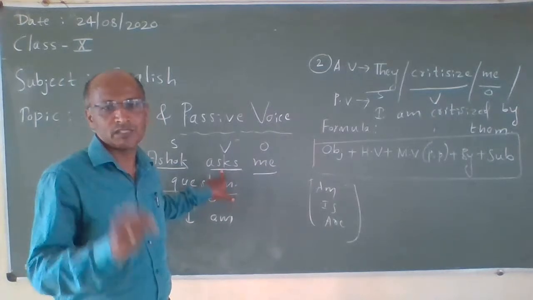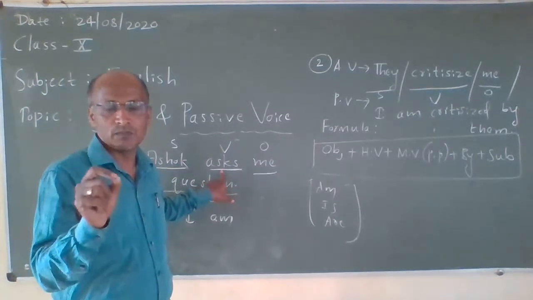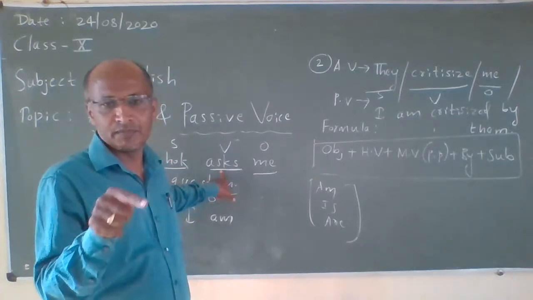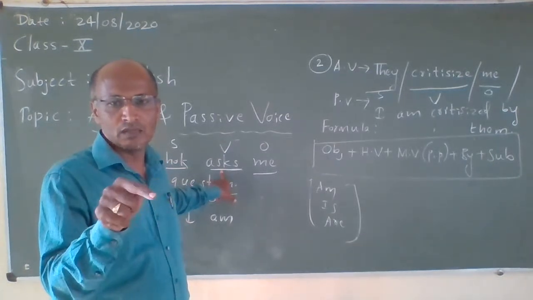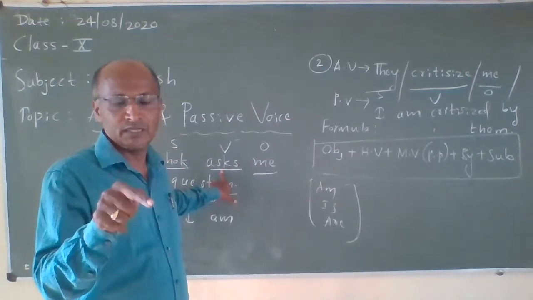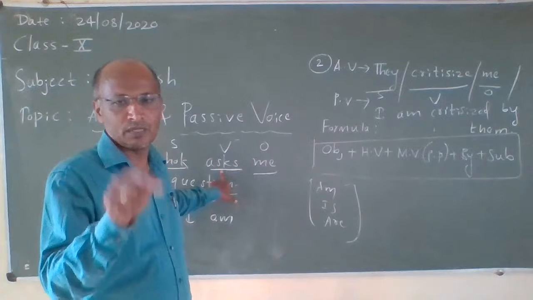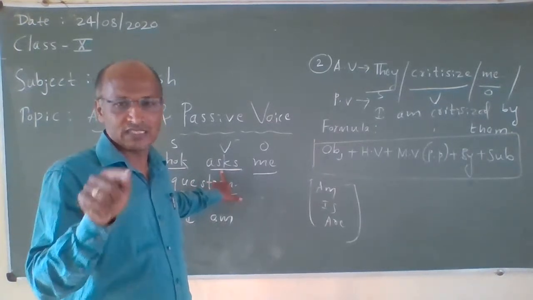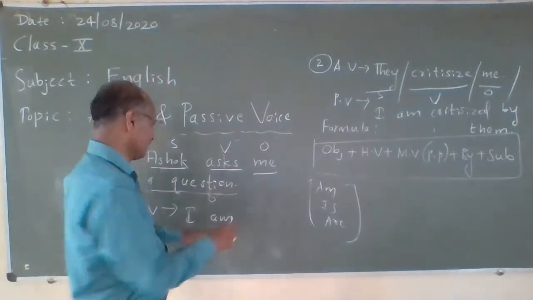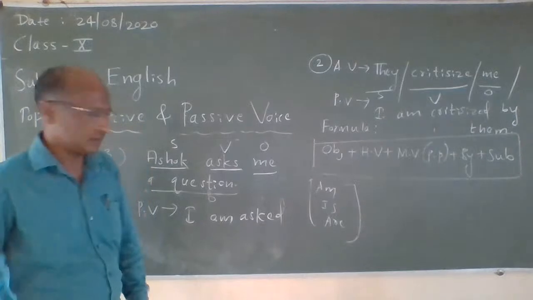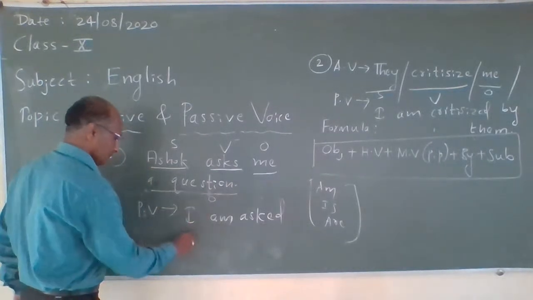Or what is the past participle of the word ask? The second form of the word ask is asked. The third form of the verb, I mean the past participle of the word ask, is asked. I am asked. I am asked a question.